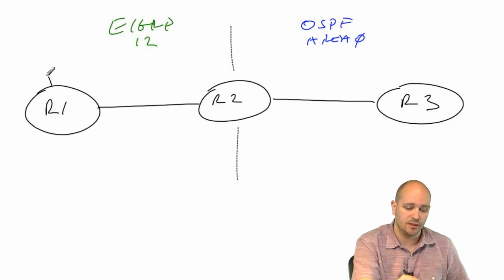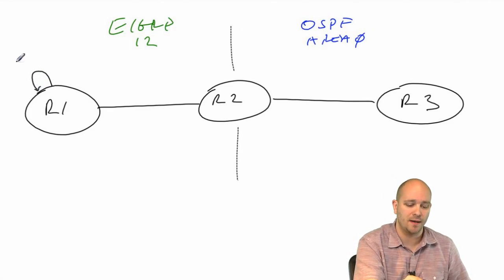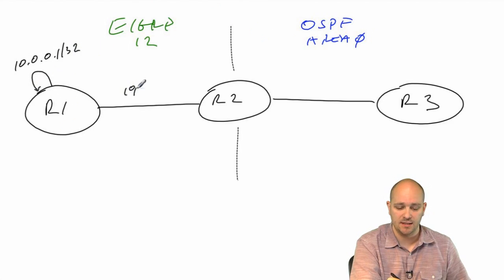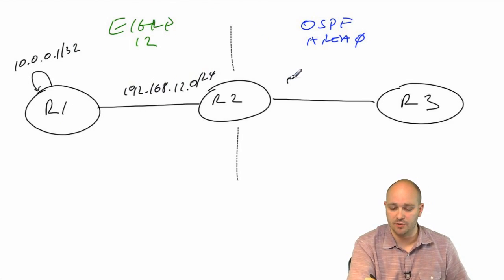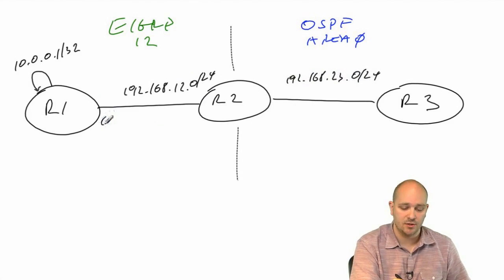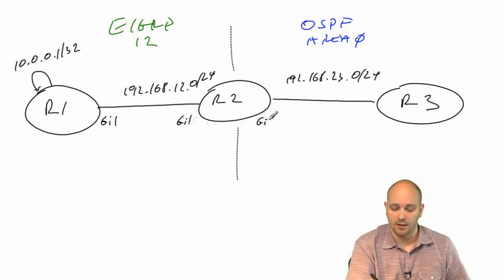And let's also assume that on R1 we have a loopback interface with the IP address 10.0.0.1/32, and let's say that this here is 192.168.12.0/24, and that this here is 192.168.23.0/24, and these are going to be gigabit 1, gigabit 1, gigabit 2, and gigabit 2.